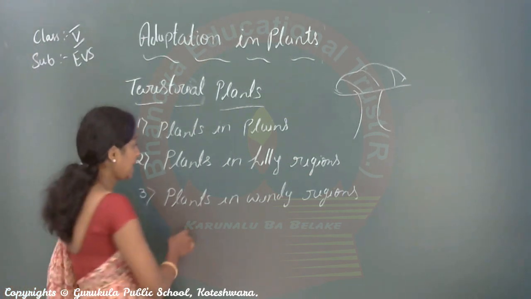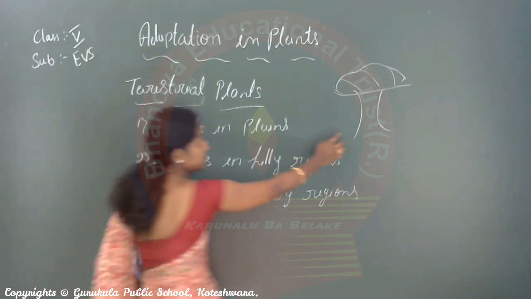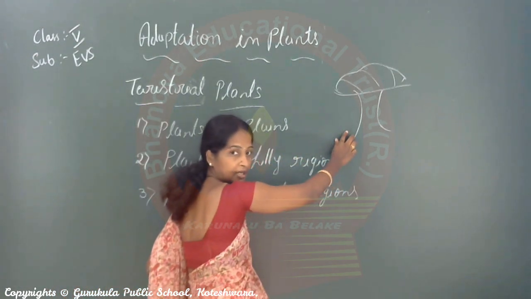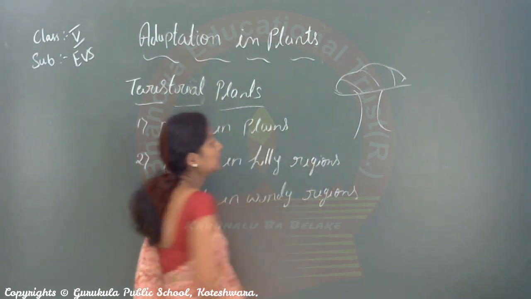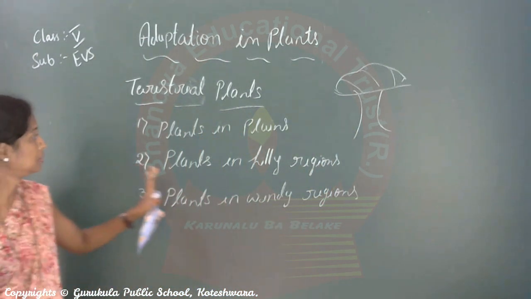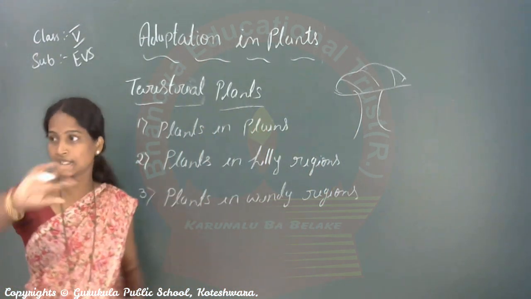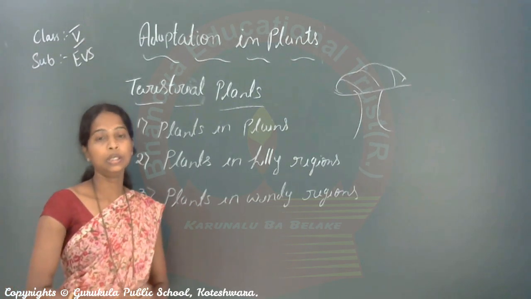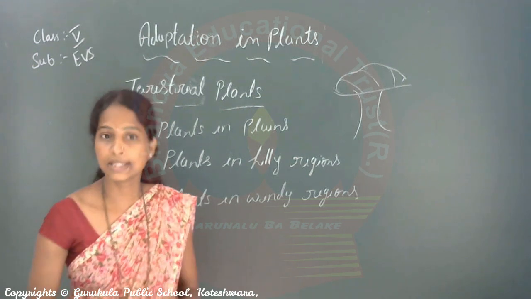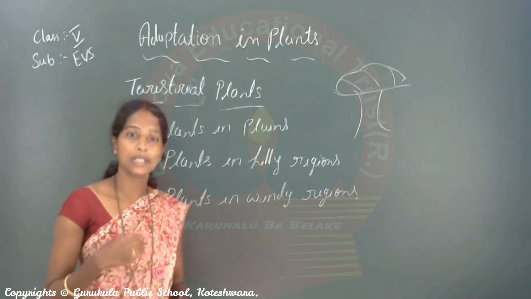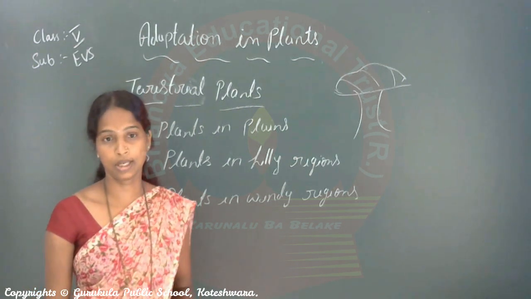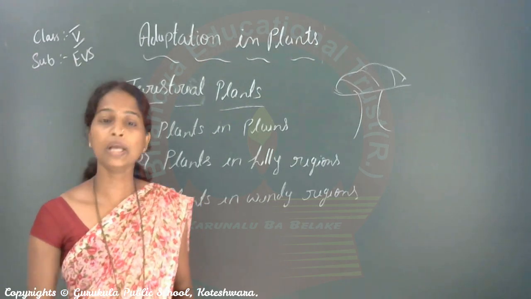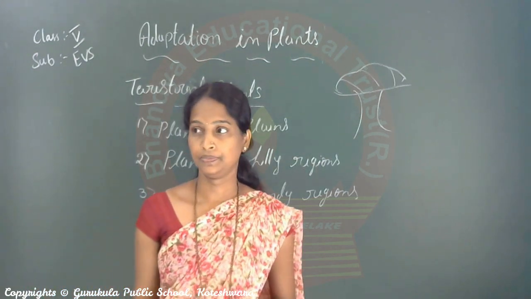If the plants did not have this shape, they would bend easily. So plants with this flat-topped or umbrella shape are not easily broken by strong wind.